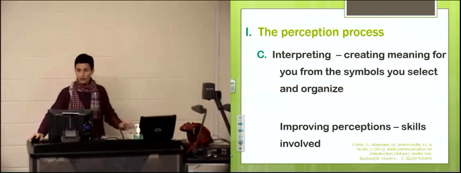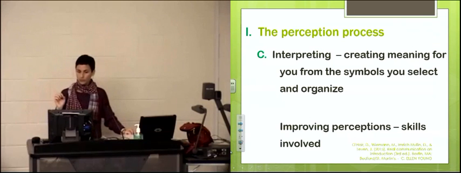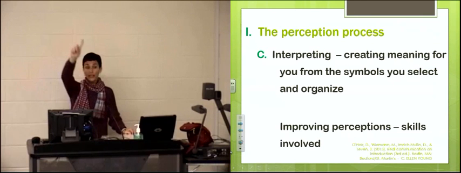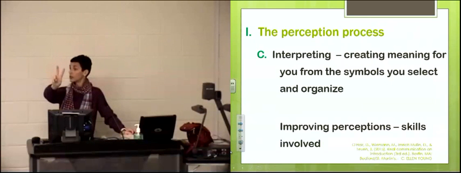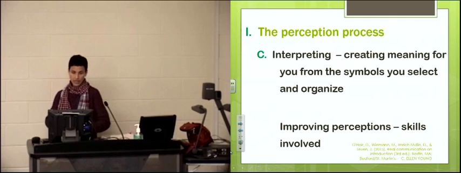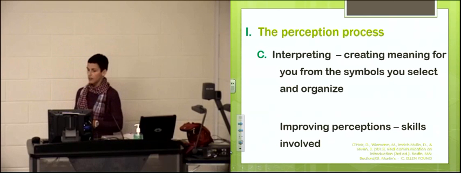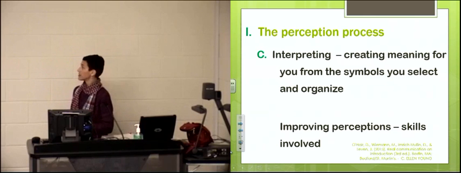All right. The last part is interpreting. So you have selecting, step number 1, organizing that information according to schemas, number 2, and interpreting or making meaning as the third step in that process.